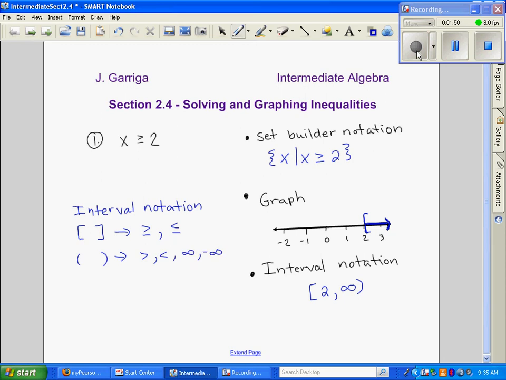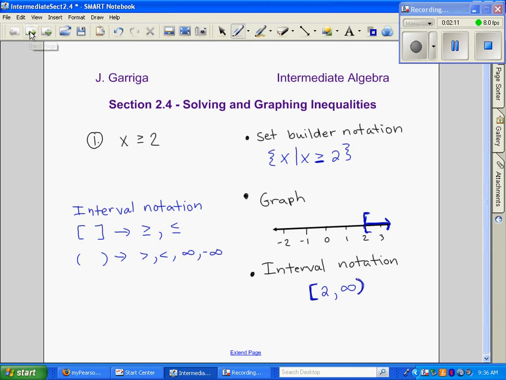So we'll go back. That's why we used a bracket right here for this 2, because of our equal to part of the inequality, and once again that's why we used a bracket here and a parenthesis for that part of the notation.